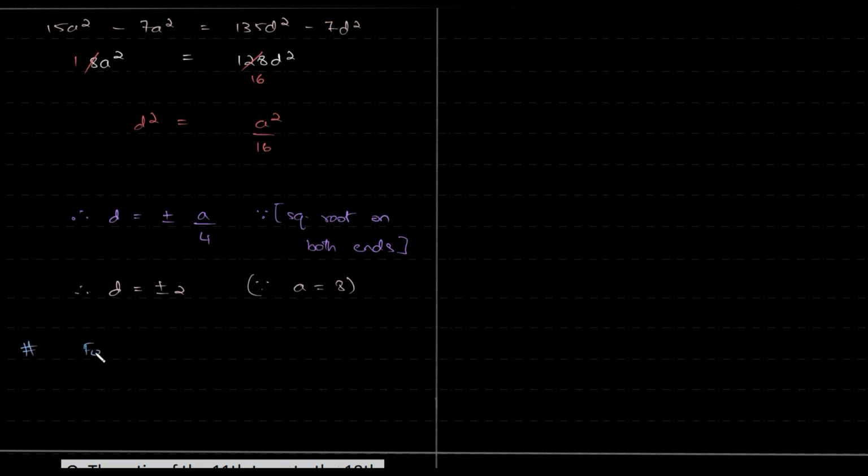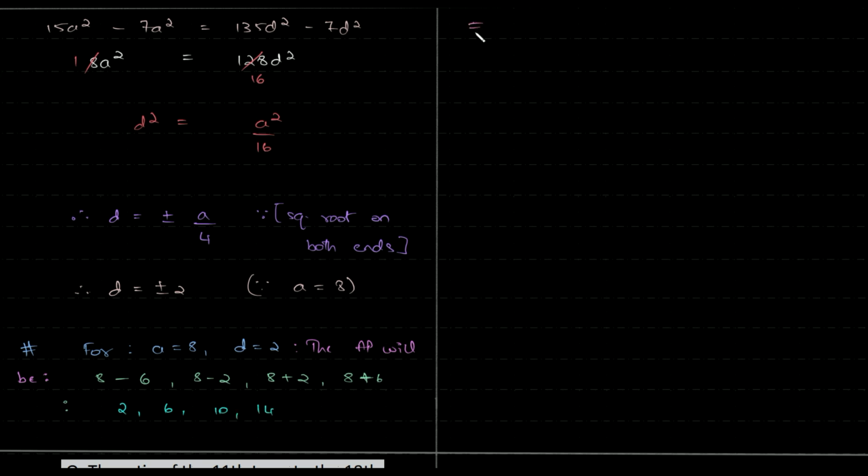Now for a equal to 8 and d equal to 2, the AP will be a minus 3d, that is 8 minus 3 into 2, that is 2. Then we have 8 minus 2, 8 plus 2 and 8 plus 6. So this would be 2, 6, 10 and 14.